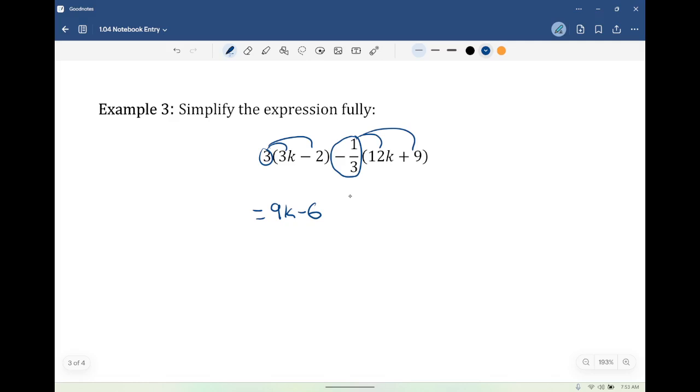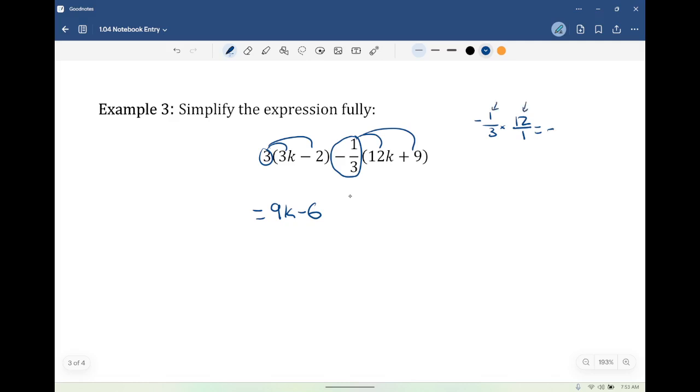But now I have to deal with this fraction. If we think about this off to the side a little bit, if I have negative 1/3 times 12, raise your hand. How would I turn 12 into a fraction, MJ? Yeah, I'm going to put a 1 under it. And so when I multiply like this, I'm actually just multiplying the 12 by the numerator, right?